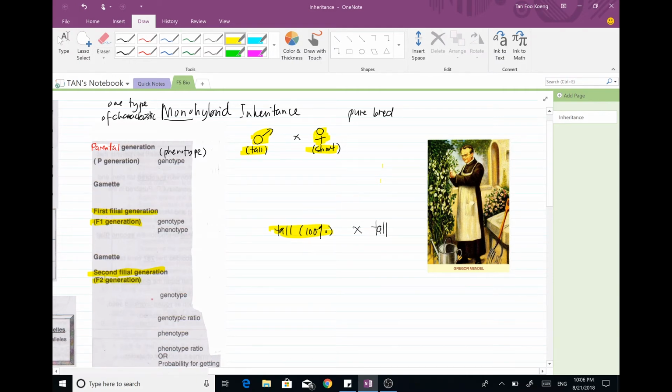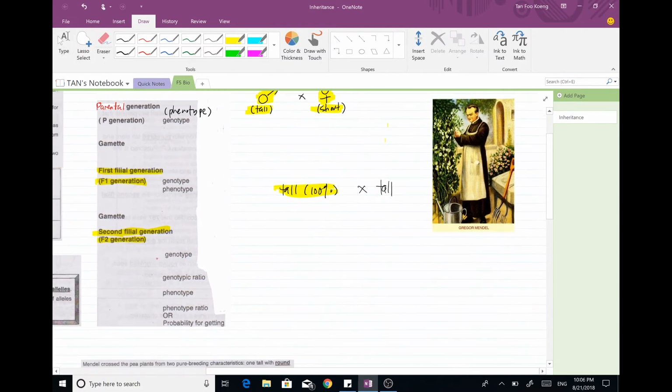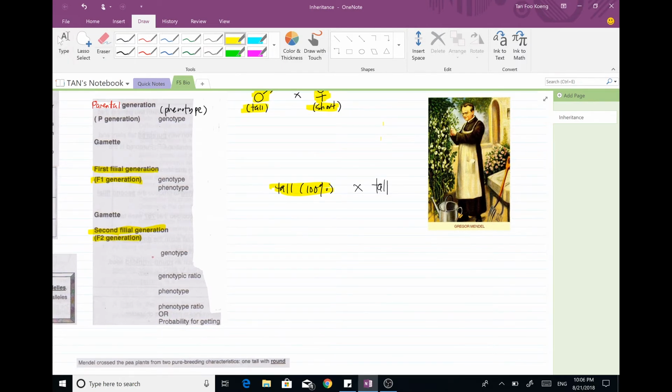He discovered that almost 75% of the F2 generation are tall, and only 25% are short. So what can explain this phenomenon?